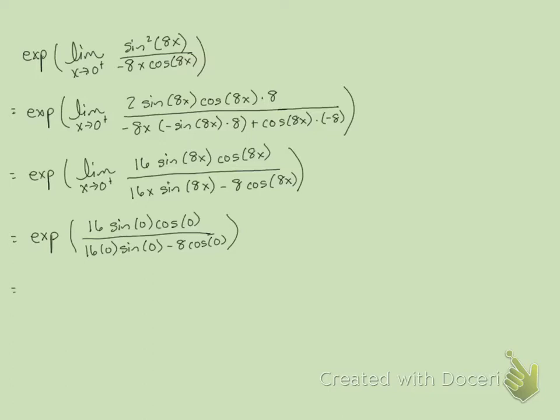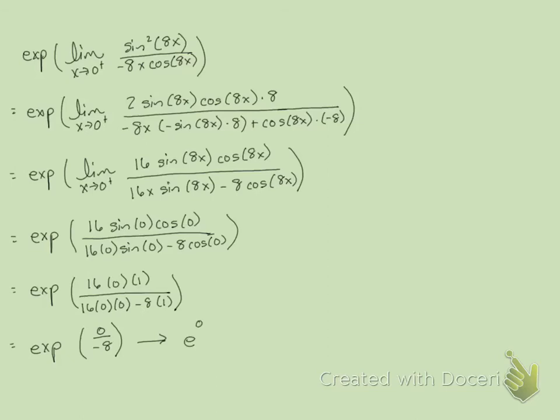So I will have 16 times 0 times 1 over 16 times 0 minus 8 times 1, giving us 0 over negative 8, which means that we are finding e to the 0 power. And anything to the 0 power is 1.